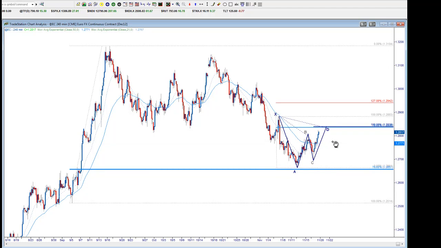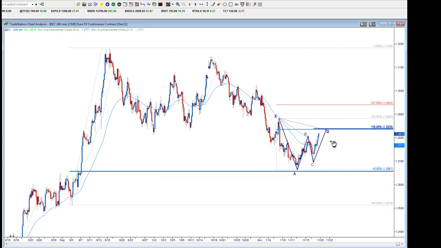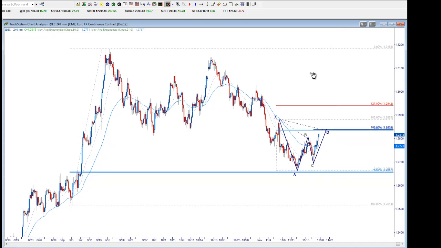Now what we'd also like to do is look for some confluence here at this level. We've already got tremendous confluence with the AB equals CD terminating right here at the 786 when we had a 618 B point here. That's as symmetric as a Gartley pattern as we would ever look for. So anything else we can find is just at this point a nail in the coffin as far as a tradable pattern.